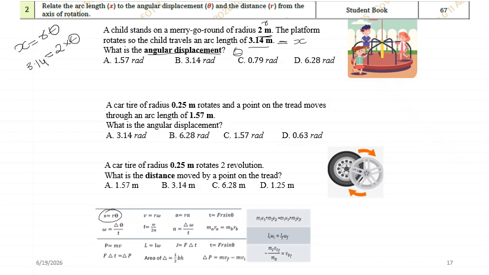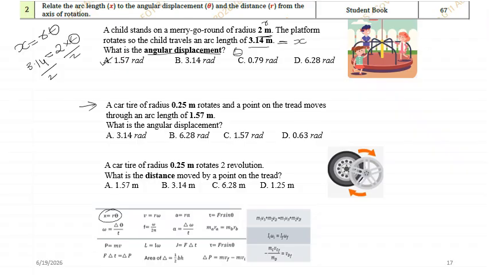Okay, so you can do shift solve or do it the normal way. So what you will get is around 1.57. Okay, so which one will be the correct answer? A will be the correct answer. Fine.